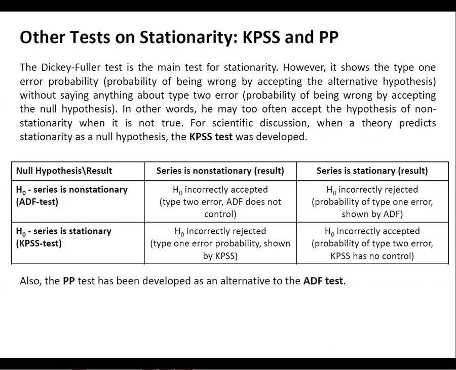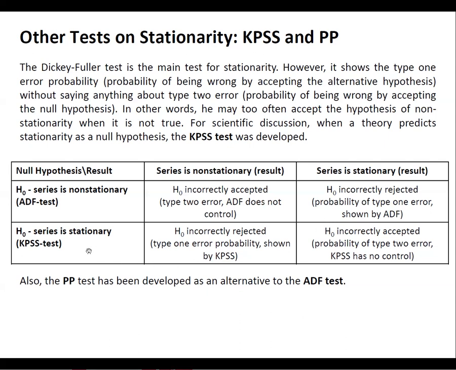But the KPSS test has some original features. The fact is that the KPSS test is designed in the opposite direction. That is, our Dickey-Fuller test considers the null hypothesis that the series is not stationary, there is a unit root, and it controls the probability of the first type error, that H0 is incorrectly rejected.